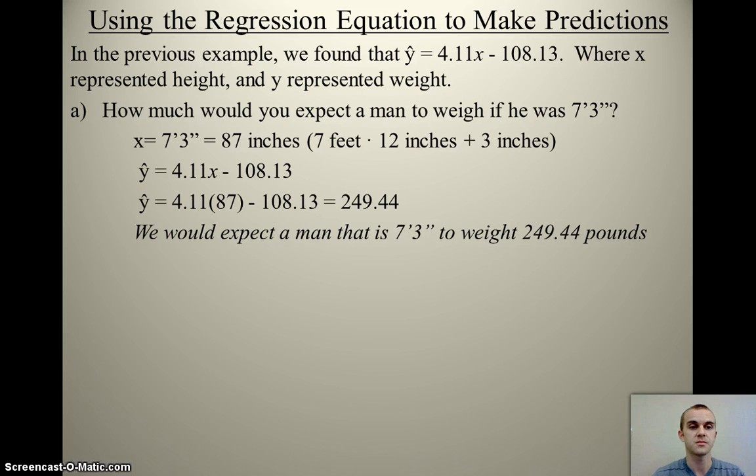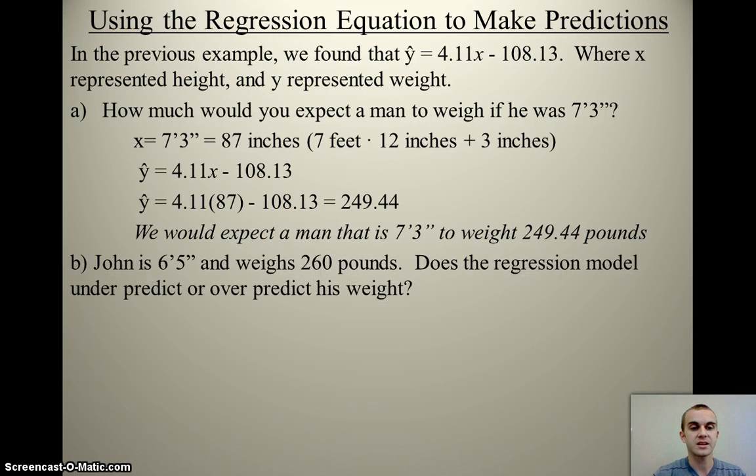Another thing I could ask is, John's 6 foot 5 and weighs 260 pounds. Does the regression model accurately predict, or does it under or over predict his weight? Well, the first thing I'd want to do is figure out what the regression equation predicts his weight to be. I plug the 6'5" into my x, so I first change it into inches, and I get 77 inches.